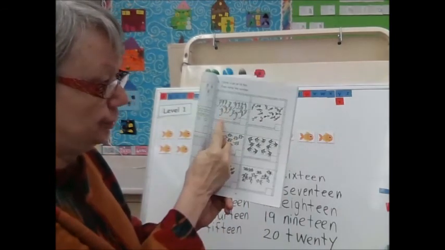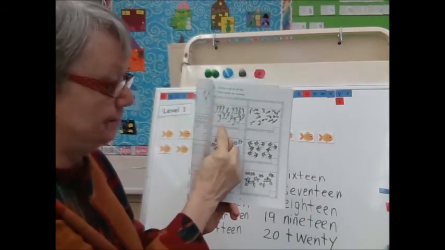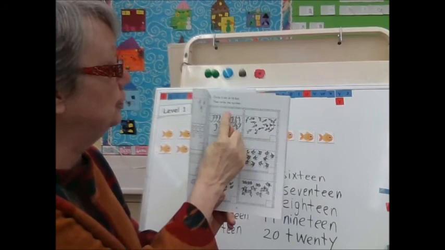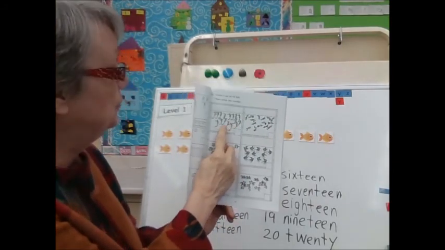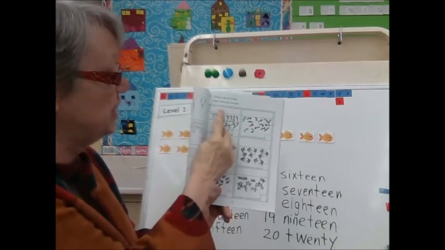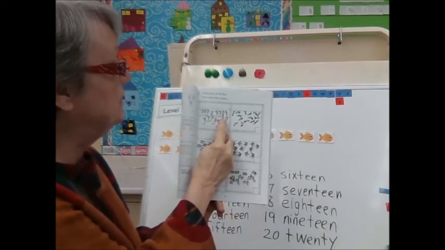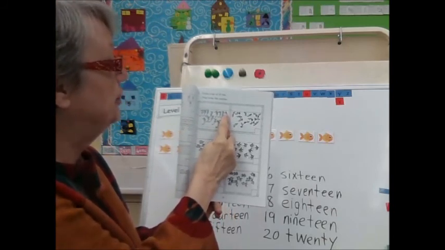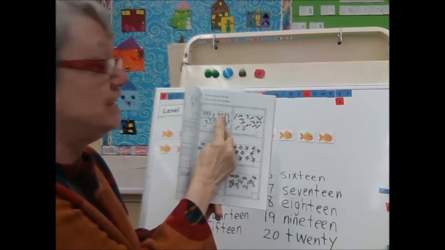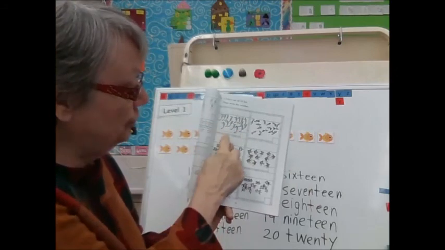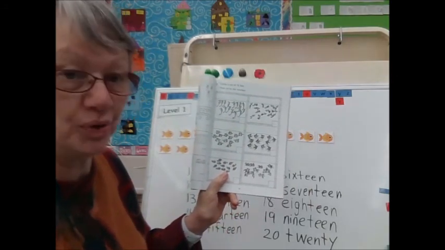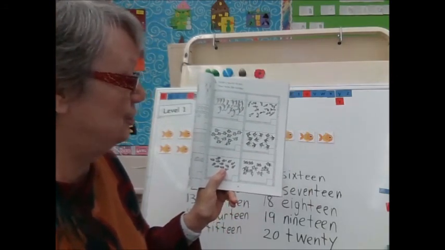That's why you would circle 10, just like these seahorses are circled. 10 of them are circled, and then you count the rest of them. So the ones that are not circled. So 10, 11, 12, 13, 14, 15. There are 15 seahorses on this first picture.